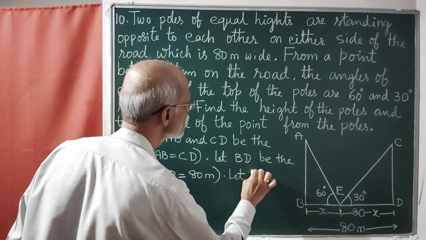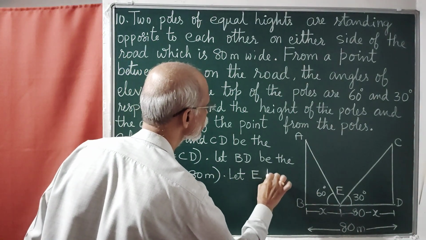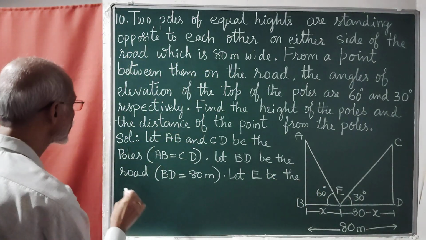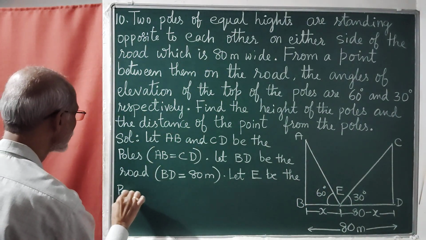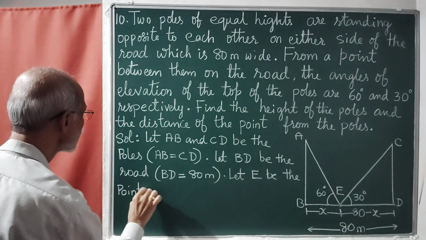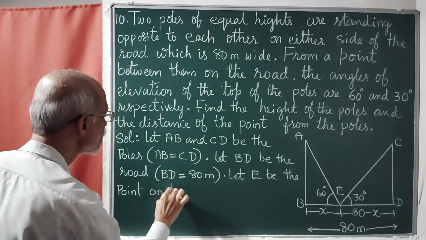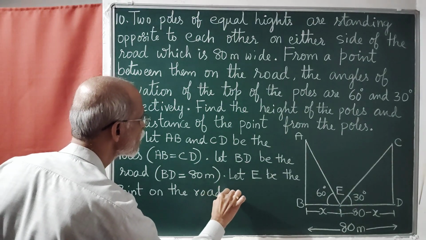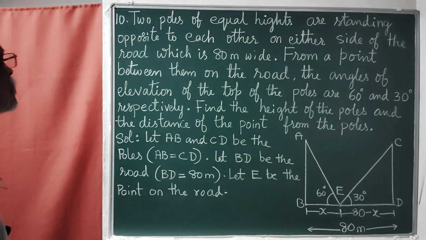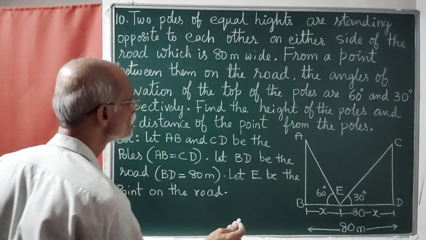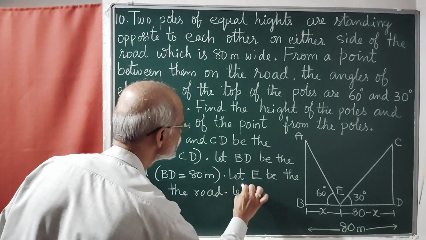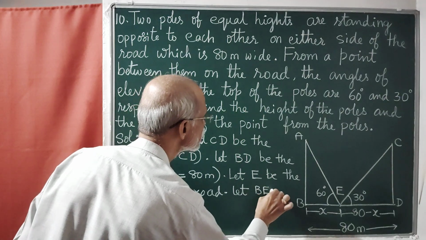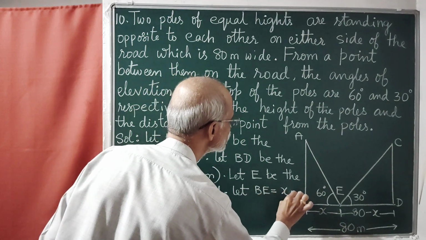Let E be the point on the road. Let BE be equal to x meters.